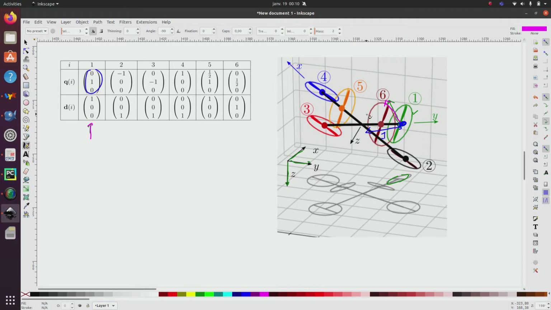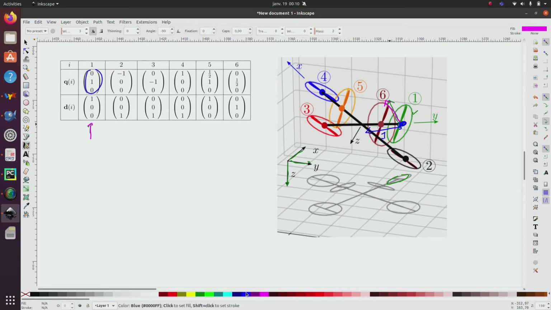Now, what about the resultant? The center of gravity of the hexarotor will move as a unique force, which is called the resultant, and which corresponds to the sum of each force yielded by each rotor.